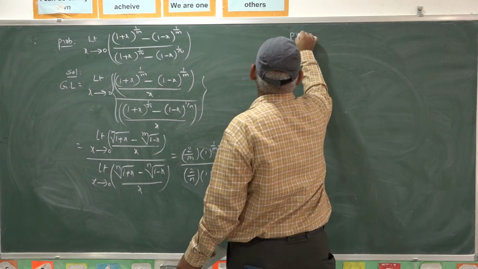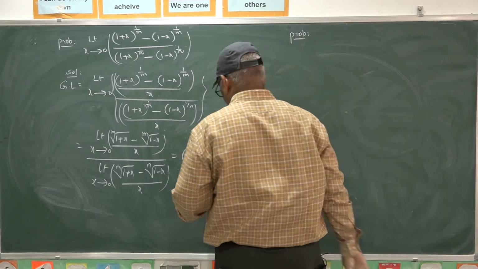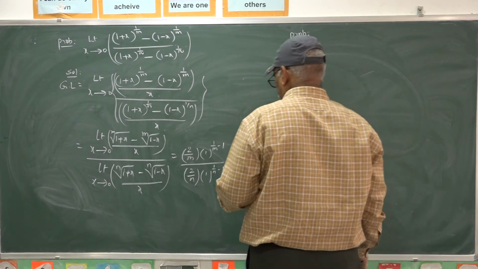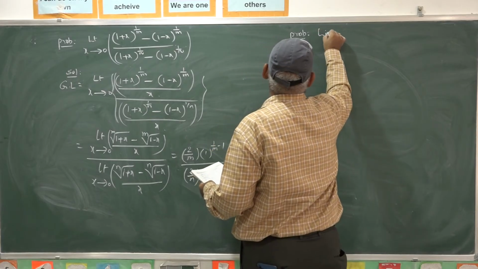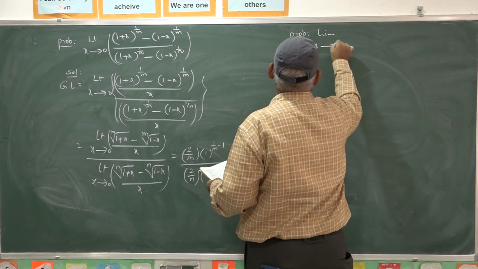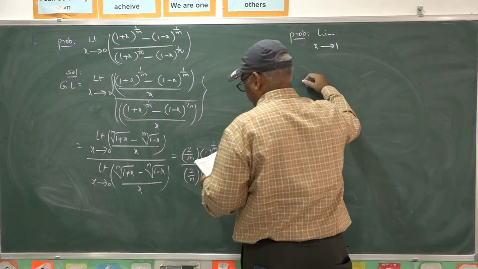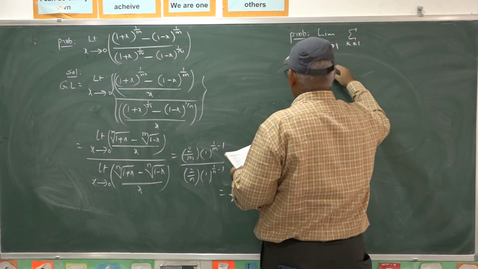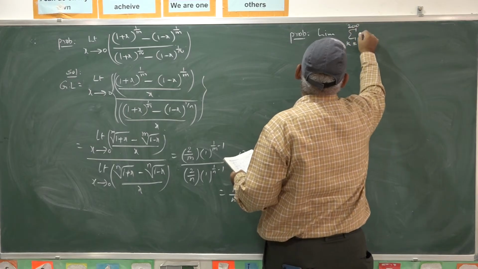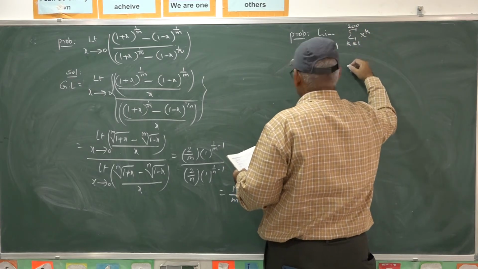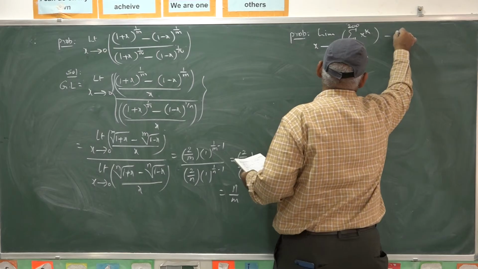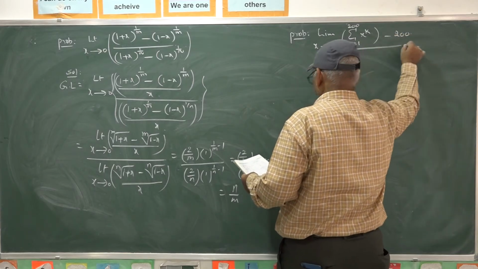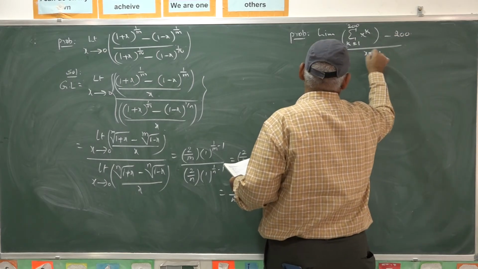This is also a very good problem. Limit as x goes to 1, sigma k equal to 1 to 200 x power k minus 200 by x minus 1.